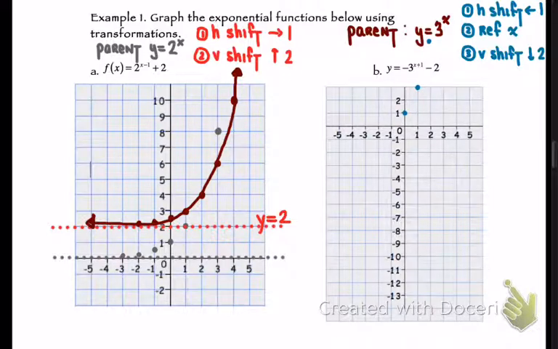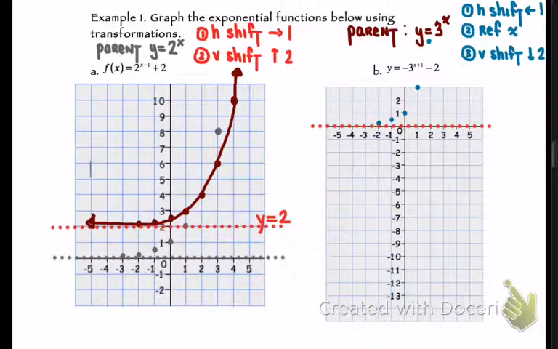Okay, that point is way up there. Hopefully you're not going to get too confused with how we're going to move that point. We'll talk about it. Okay, so 3 to the negative first, 3 to the negative second, my asymptote. Okay, so I know there is my parent function.